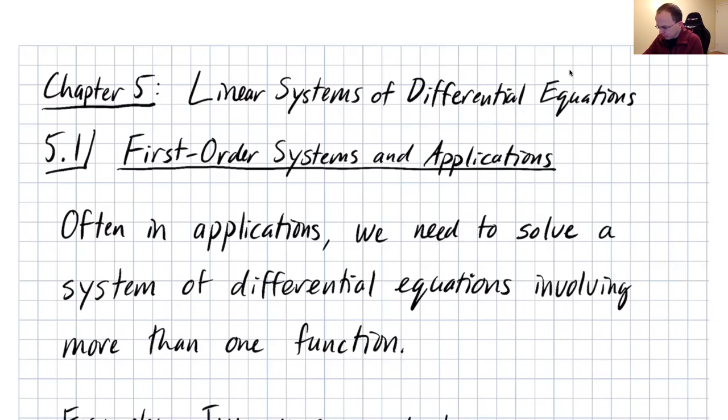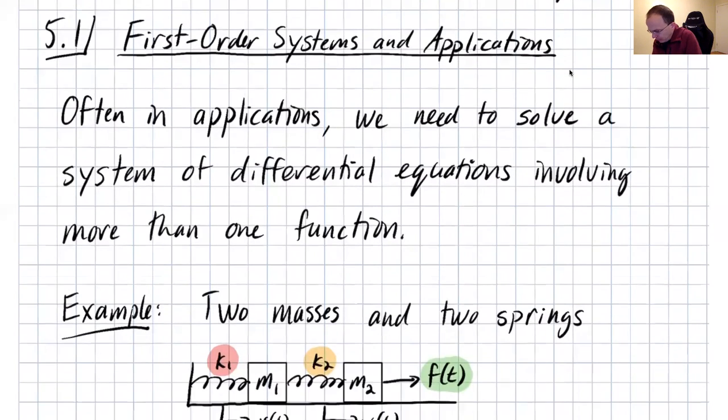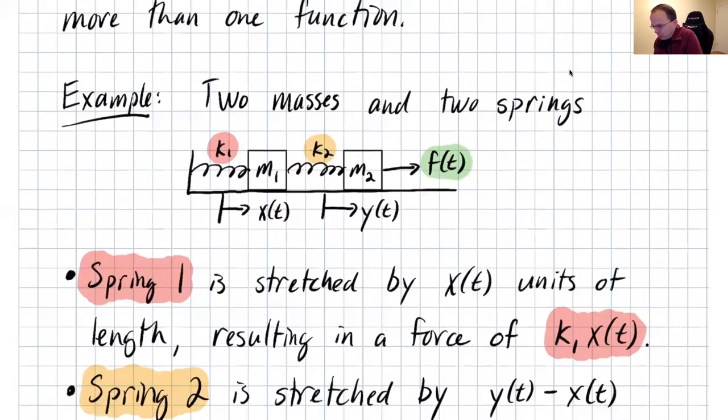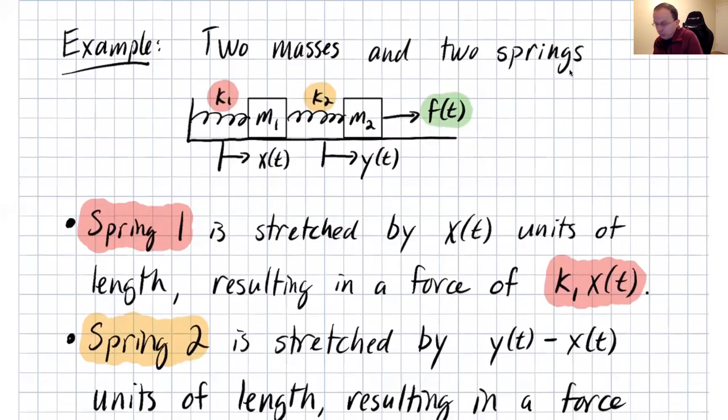So often in applications, we need to solve a system of differential equations involving more than one function. Here is a very simple example of where this shows up. We have two masses and two springs. So instead of just a single mass and a single spring, we have two of these connected together in this way.